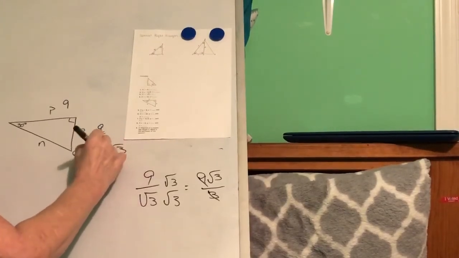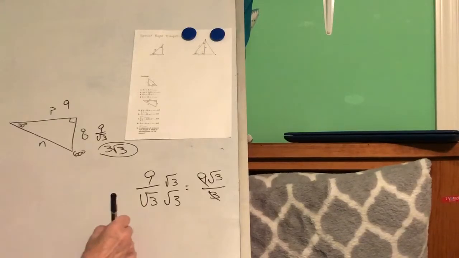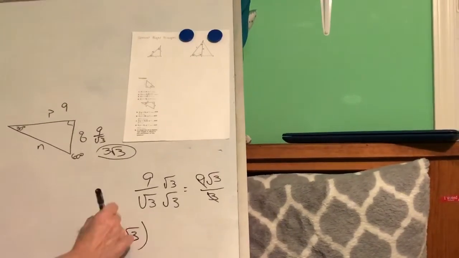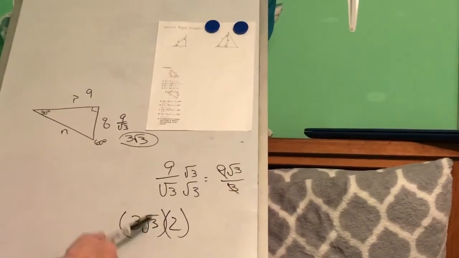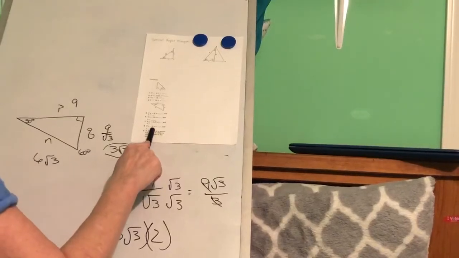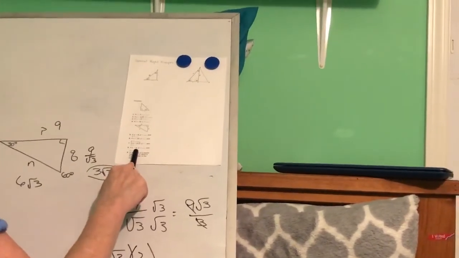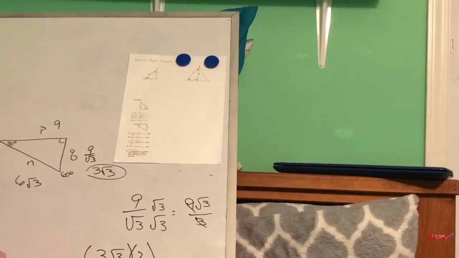So 3 square roots of 3 is going to be Q. And to double that, remember 3 square roots of 3, when I multiply by 2, I have to multiply my rational values, 6 square roots of 3. So your answer to number 8, Q is 3 square roots of 3, and N will be 6 times the square root of 3.